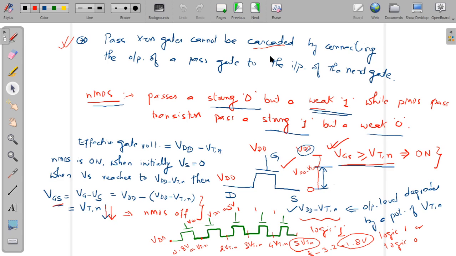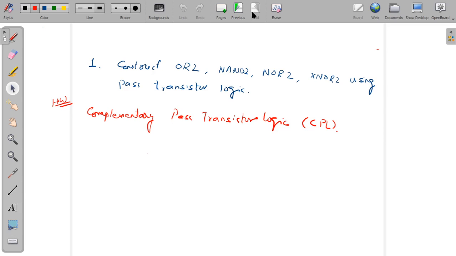But there is a small problem: we may not be able to cascade a large number of transmission gate stages also. So take note of this point, because in the previous class I told that this may be overcome completely with the help of transmission gate, which is not completely true. And we will see why it is not completely true. We will see what is the problem in the case of a transmission gate.